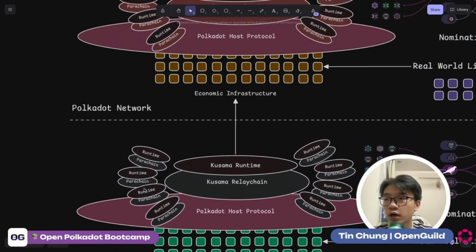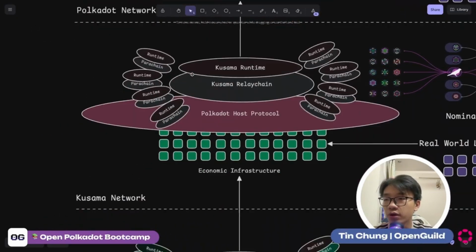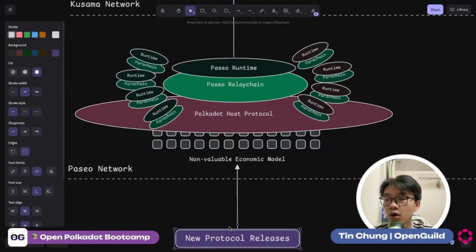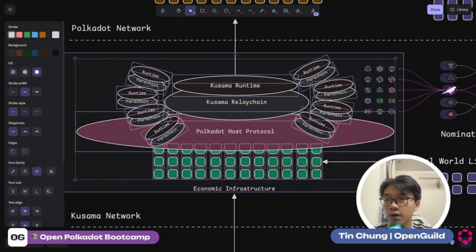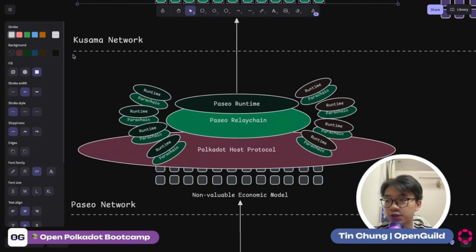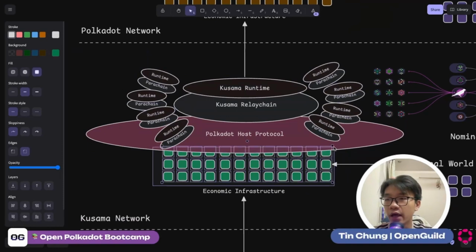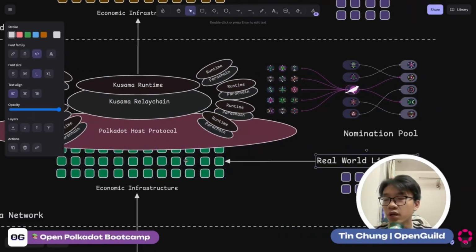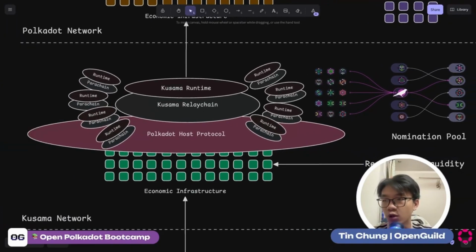The Canary network, in the case of Kusama, is similar to Polkadot, but the amazing thing here is that whenever there is a new protocol release or new code change, the Kusama network is the one that you can release to after the Paseo network. Kusama also has its own economic infrastructure, and this economic infrastructure does bring real-world liquidity to it. It's not just a testnet token, but a real token, KSM, that you can trade on centralized exchanges.